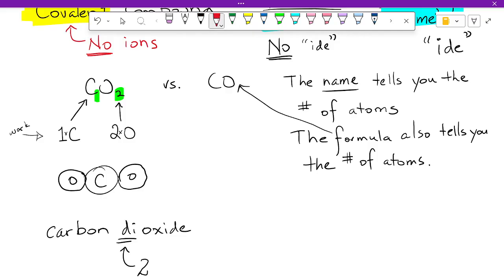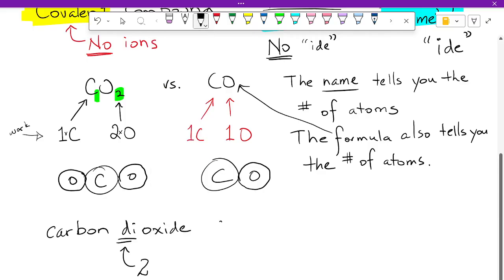Here's our other formula. We've got 1 carbon, 1 oxygen. So you would just have 1 carbon bonded to 1 oxygen. Anyone want to guess what we put on the front of oxide?